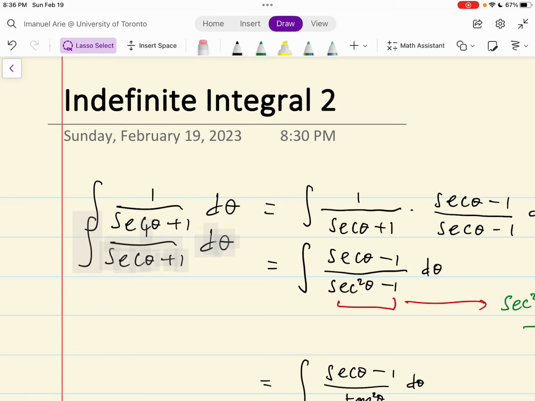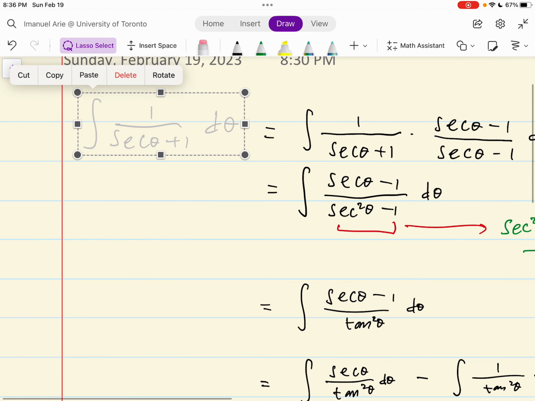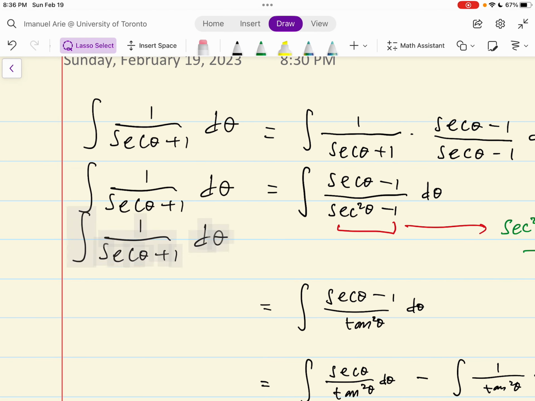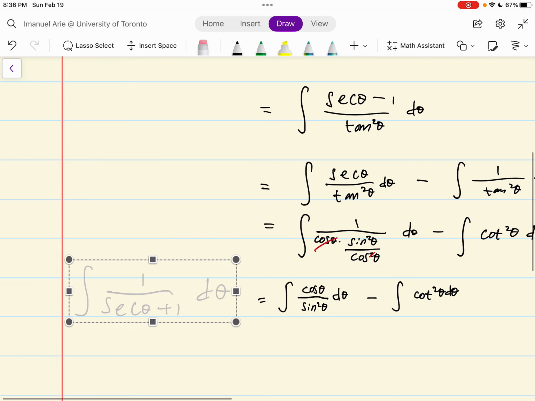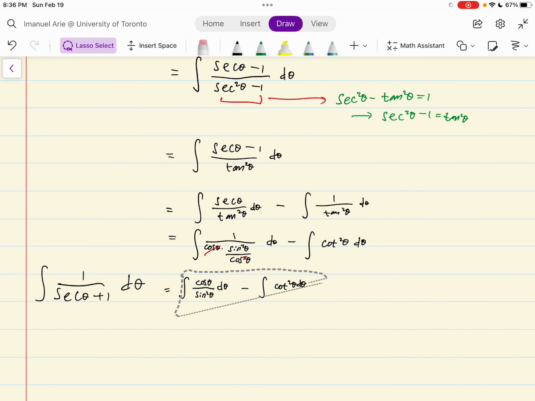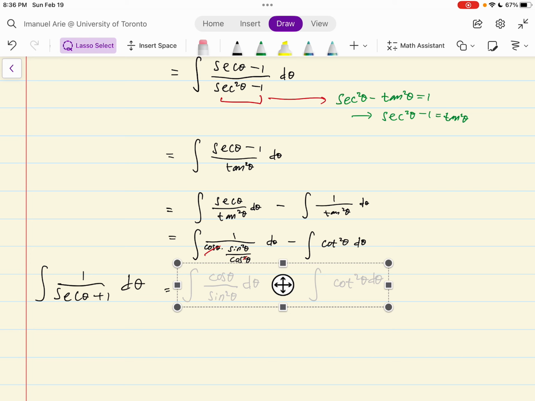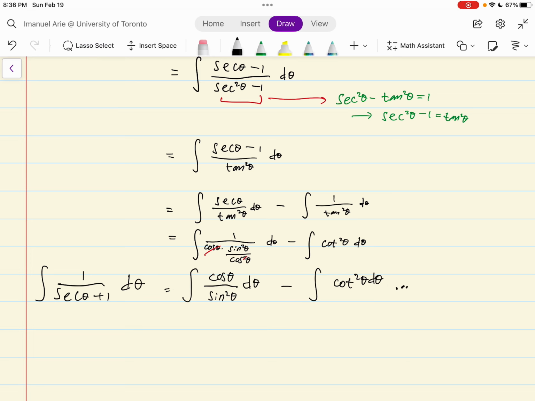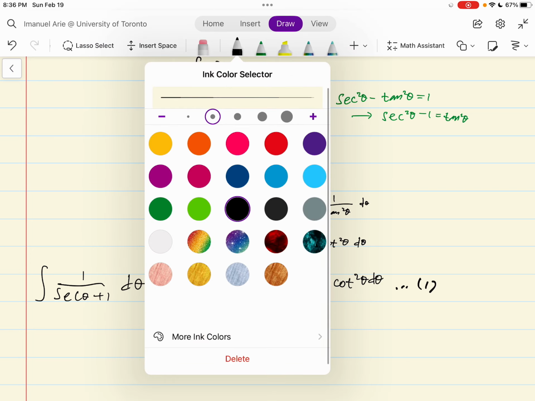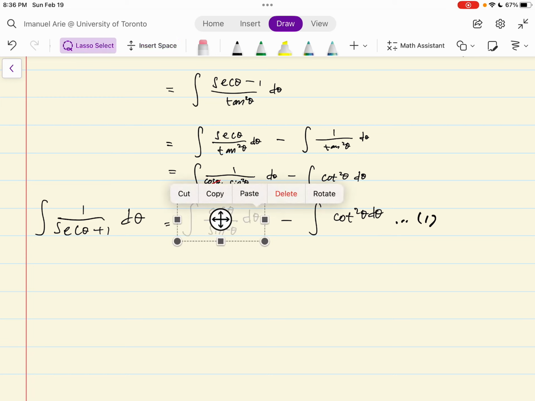I think we are getting smaller here. Let's just make this bigger instead to keep it consistent. Okay, yep, I think that looks better. Now let's do the integration separately. First, let's do this part.